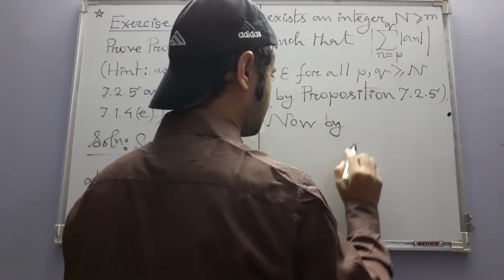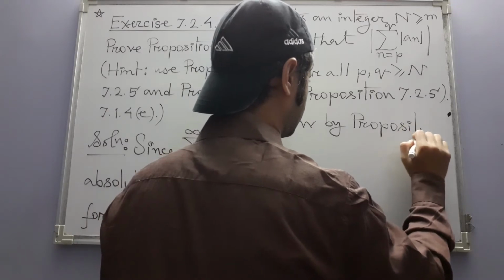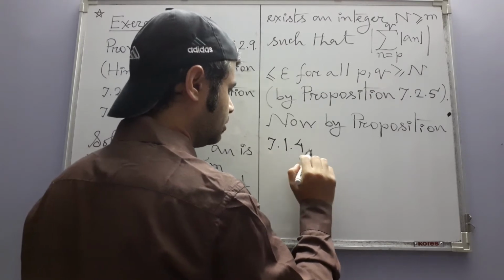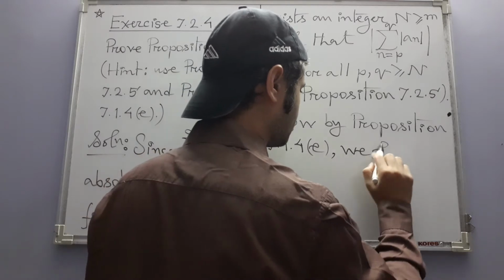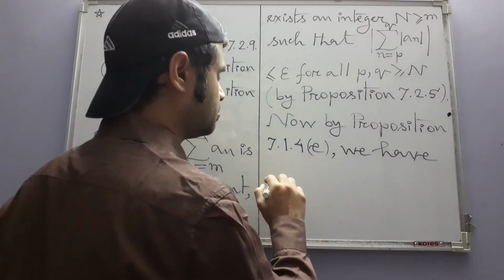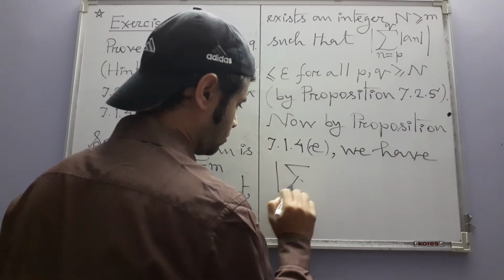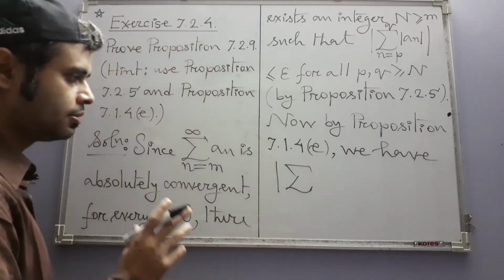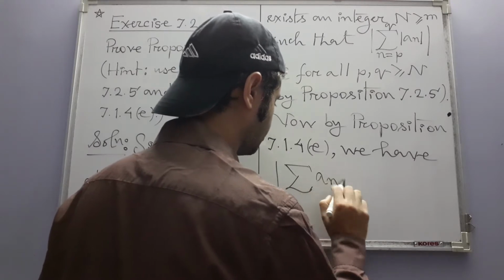Now by proposition 714e, we are going to write two inequalities, and we will see carefully what is going on here.